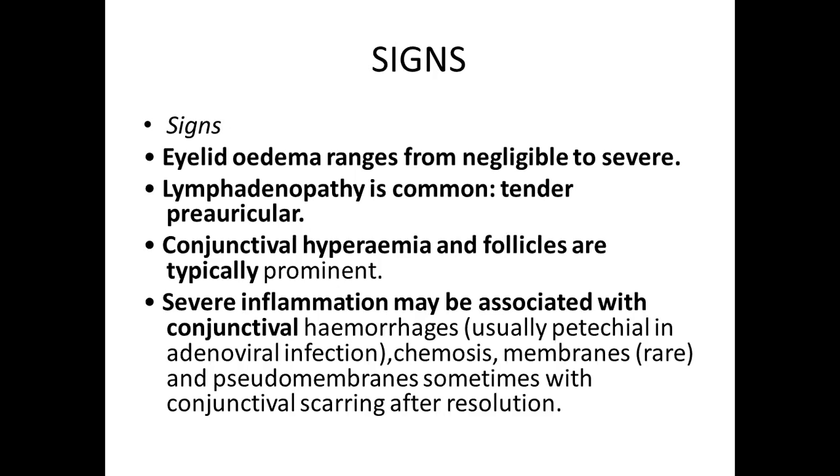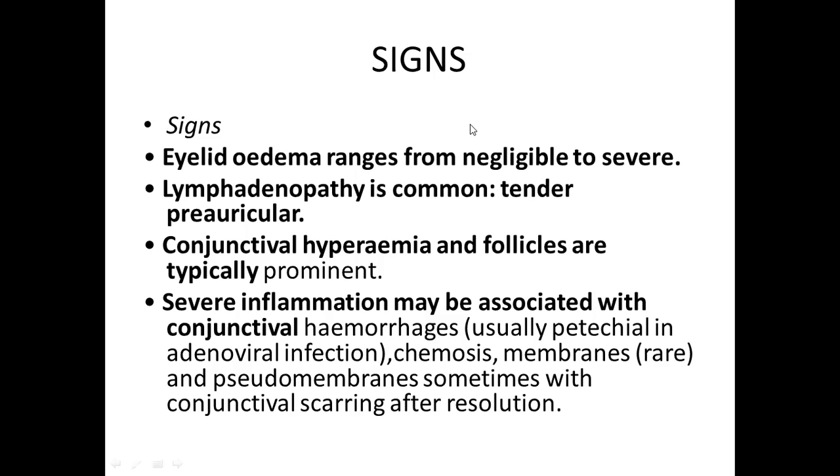So the signs are pretty much like we said before: eyelid edema, which may range from negligible to severe. Lymphadenopathy is common. There are a lot of lymph nodes: the submandibular, the submental, the preauricular, the postauricular, the occipital, and even the cervical lymph nodes. Particularly the preauricular lymph nodes are affected, and also the submandibular nodes, which are involved basically in eye conditions like this.